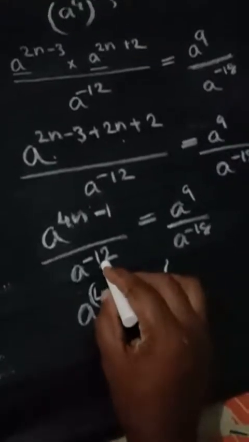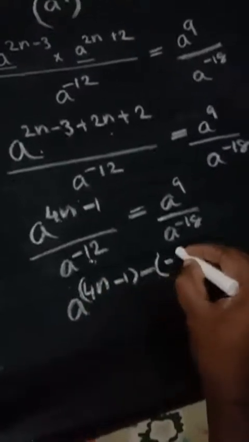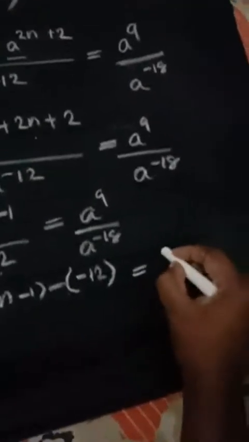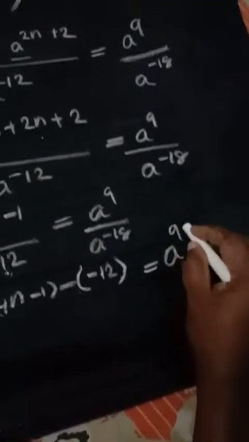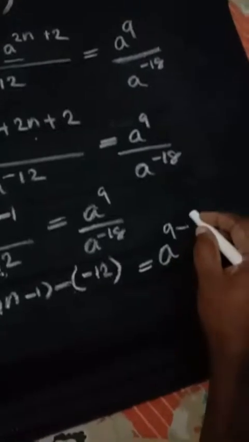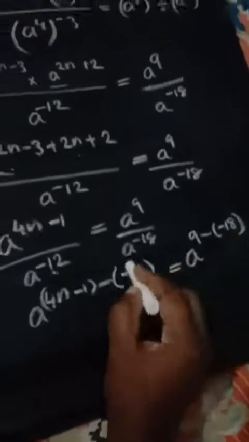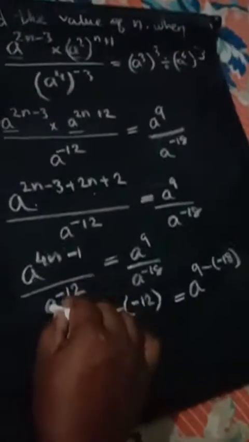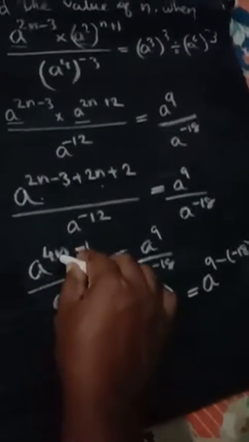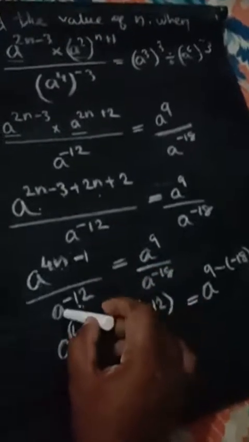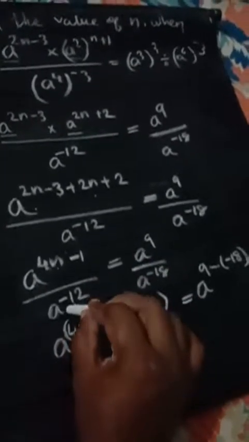In the place of n it is minus 12, so don't change the sign. See, a^m by a^n is a^(m−n), and in the place of n, negative 12.